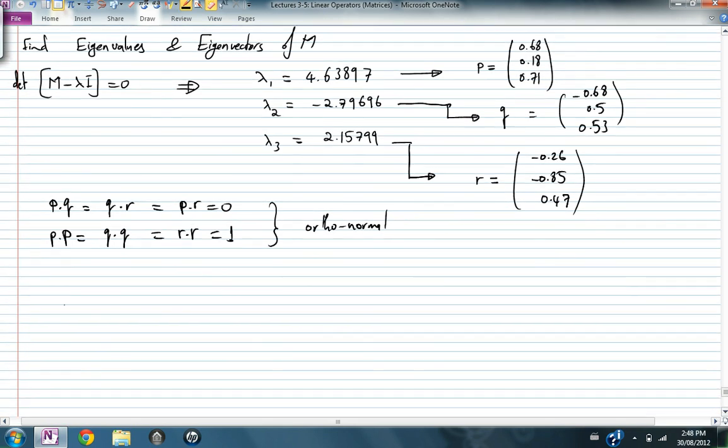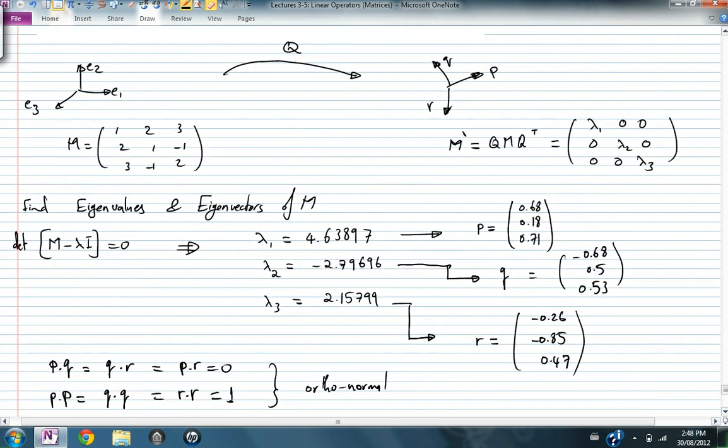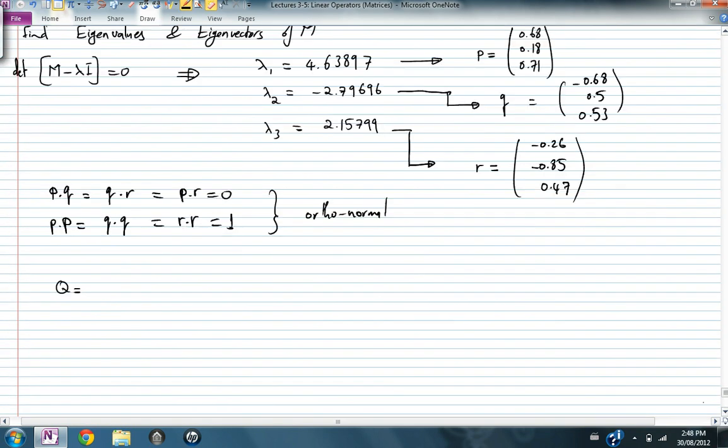Then you form your Q, which is the representation of P, Q, and R in the original coordinate system. This is the matrix of translation between the two coordinate systems.